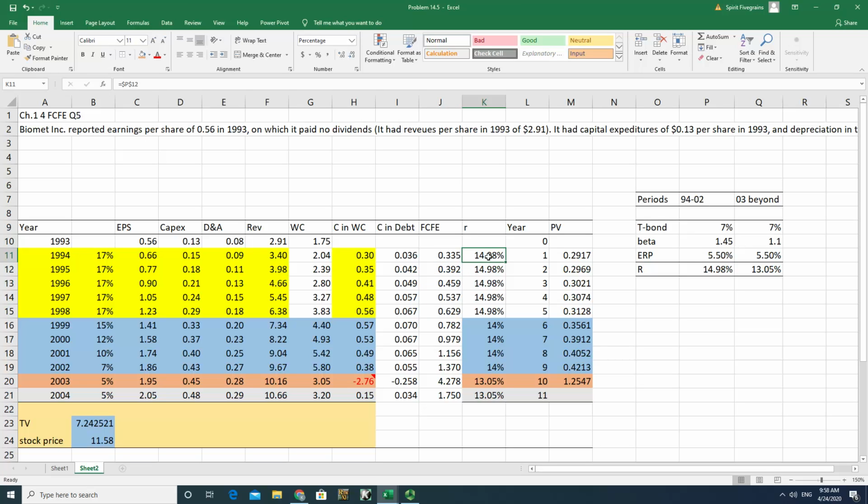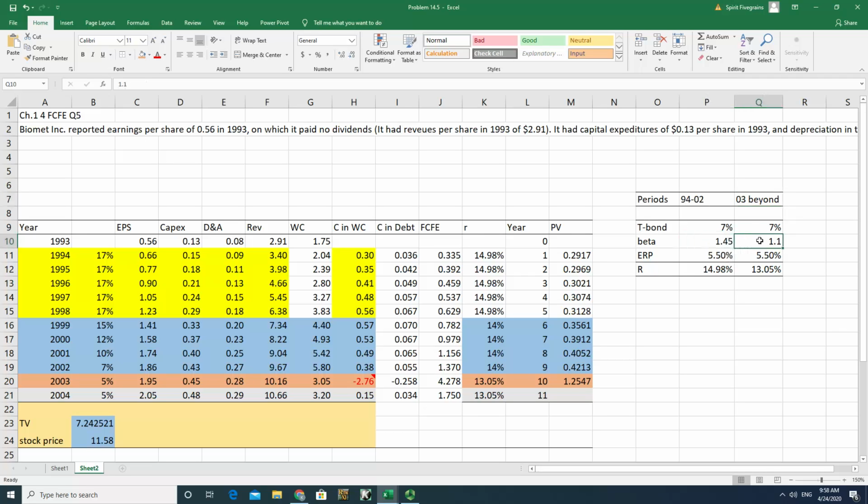Before we do the present value of free cash flow to equity, you need to develop a side table here. Because beta is different between two time periods, 1.45 during the high growth time period, and a lower beta after year 2003.